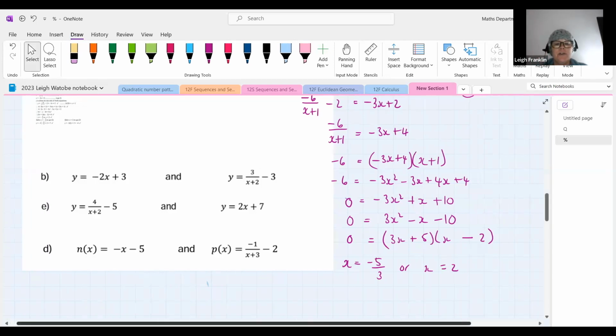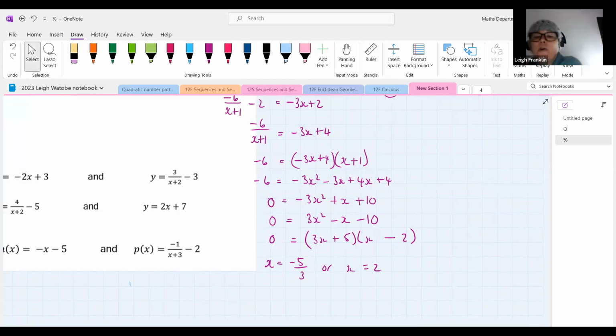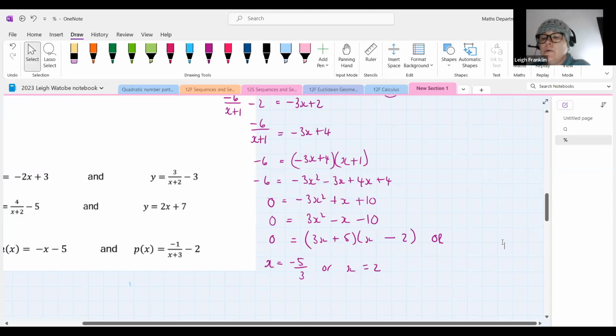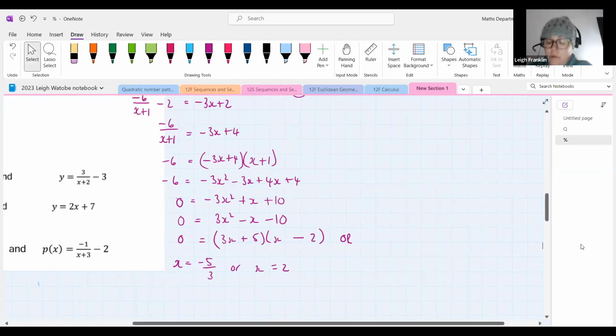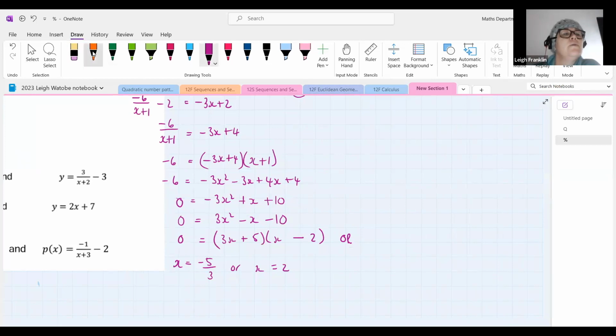Your alternative to factorizing, on this line over here, you could do the quadratic formula.